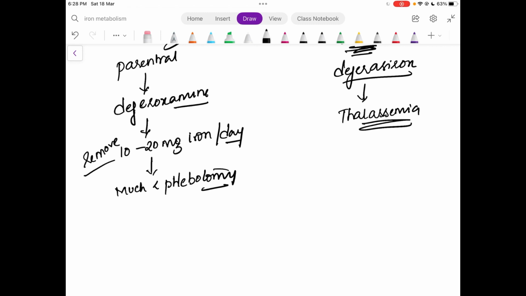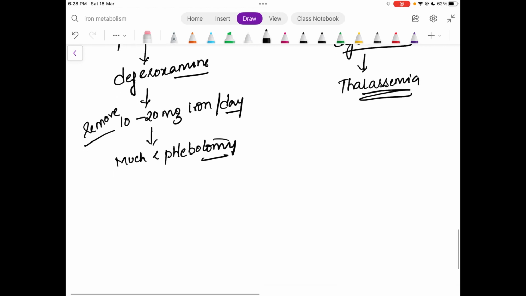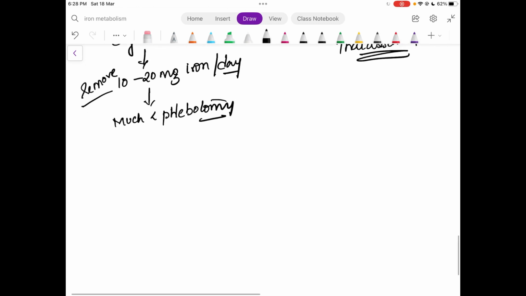In these patients you can prefer the oral chelating agent deferasirox, which is helpful. It is not helpful in primary hemochromatosis.